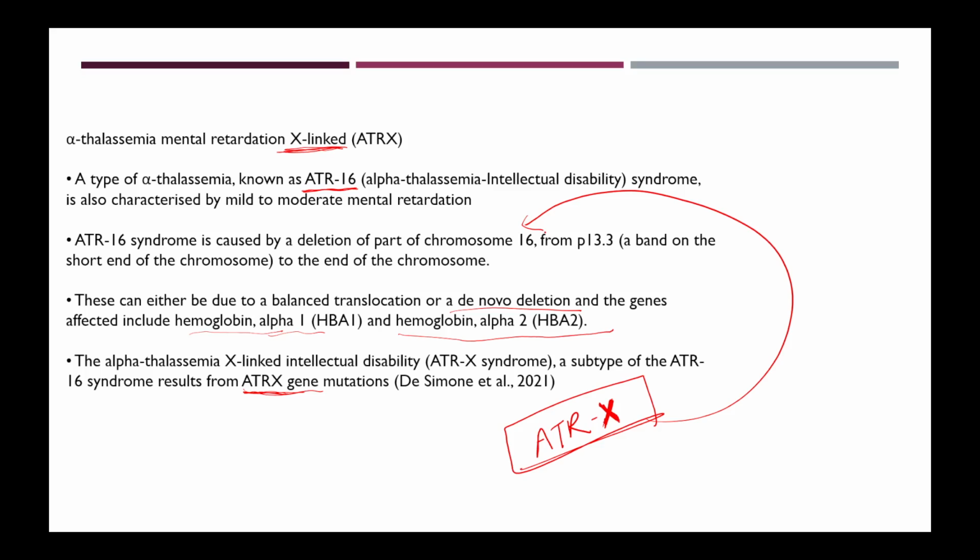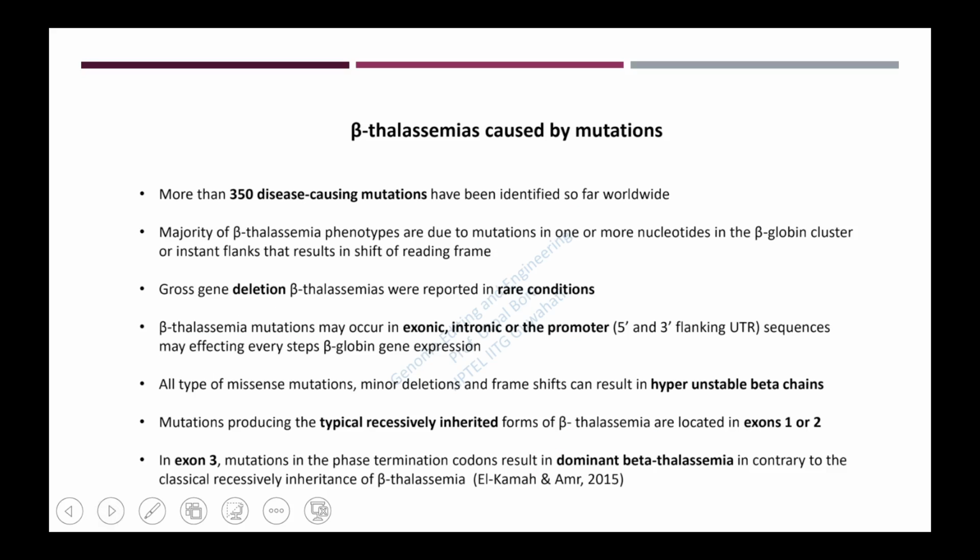So altogether it is referred to as ATR16. In ATR16, the part of chromosome 16 that includes the alpha polypeptide of the globin chain is also deleted, and that is how it is characterized as X-linked alpha thalassemia, which shows a moderate mental retardation symptom. Then we have beta thalassemia.